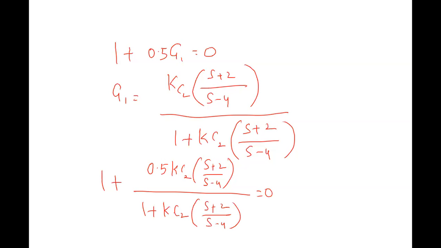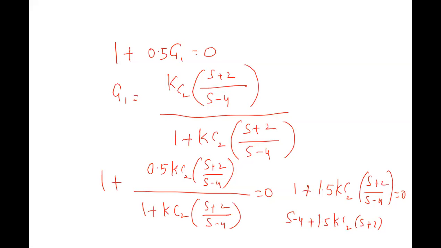Then what does it become? 1 plus 1.5 into Kc2 into (S plus 2) by (S minus 4) is equal to 0. So S minus 4 plus 1.5 Kc2 into (S plus 2) equal to 0.